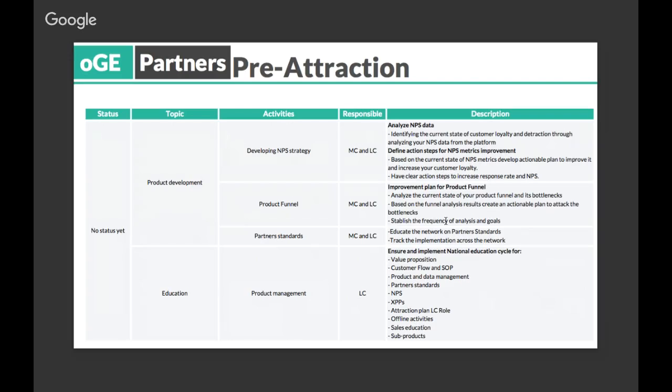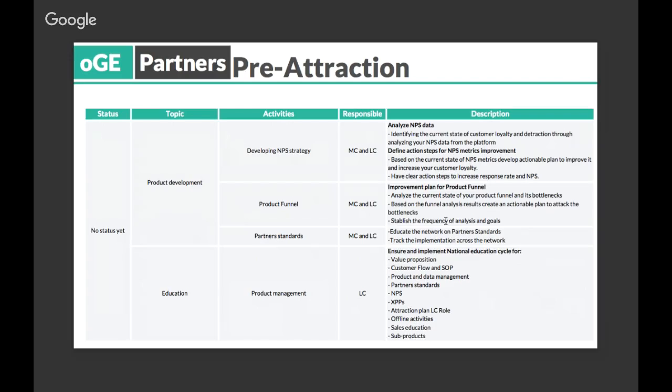We will take a look at our NPS data over the previous 3 peaks, identify the current state of customer loyalty, and see how we will be able to do it basically through the NPS data from the platform. We will also define action steps, how can we improve our NPS metrics, and based on the current state of NPS metrics, develop an actionable plan to improve it. That will help us to have clear action steps to increase response rate and NPS itself.